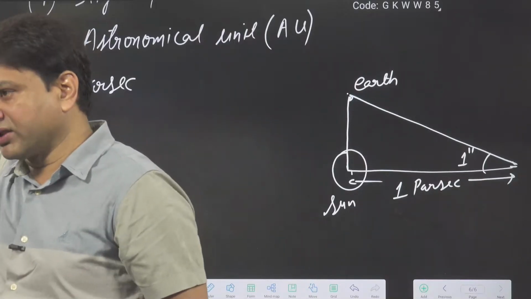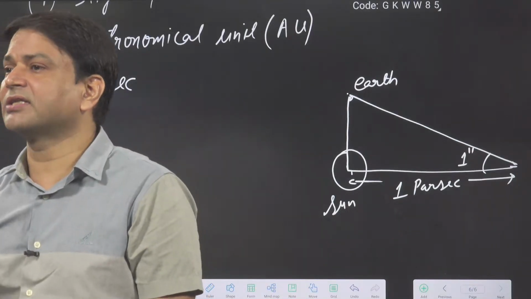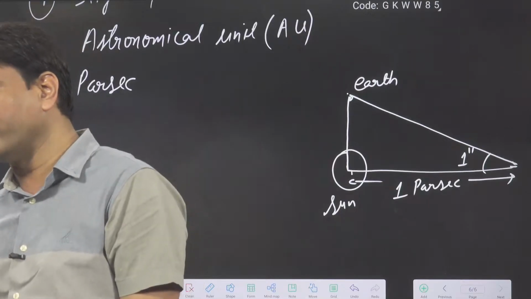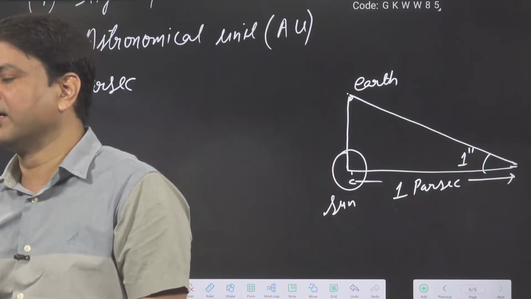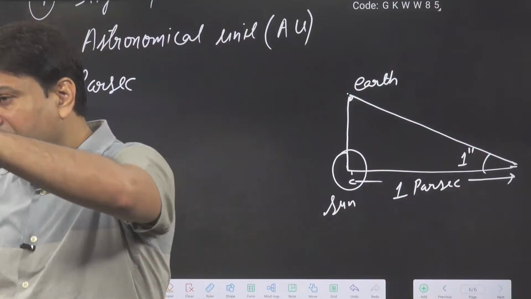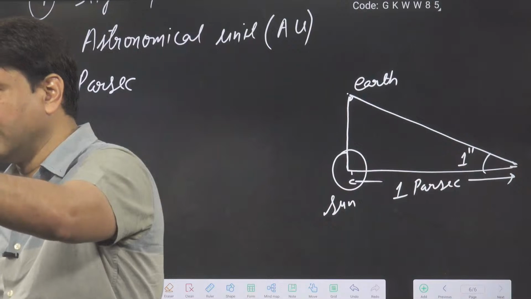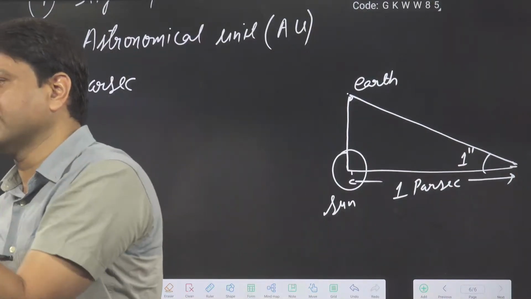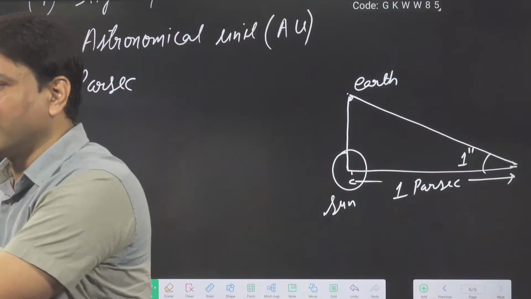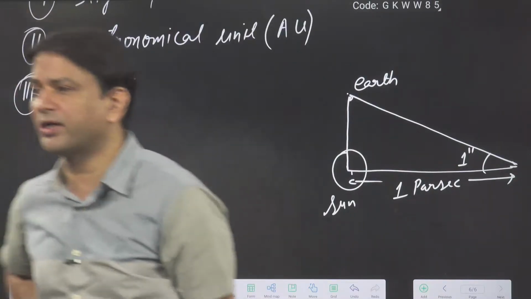The distance at which the average radius, or we can say AU, the astronomical unit, makes an angle of 1 second, that distance is 1 parsec. I repeat again: the astronomical unit, the average distance between the earth and sun, the distance at which this AU makes an angle of 1 second, that distance is equal to 1 parsec.